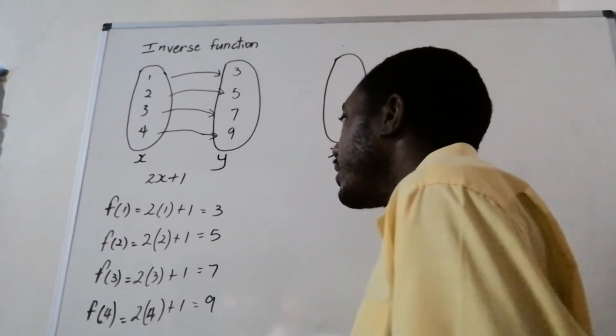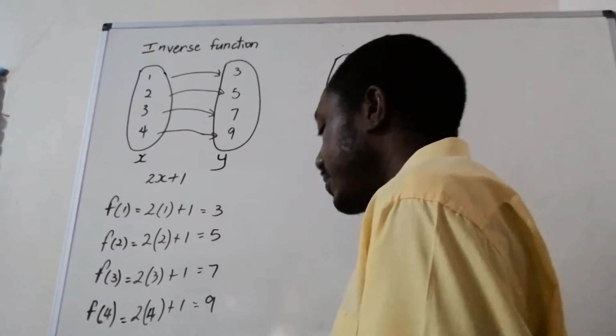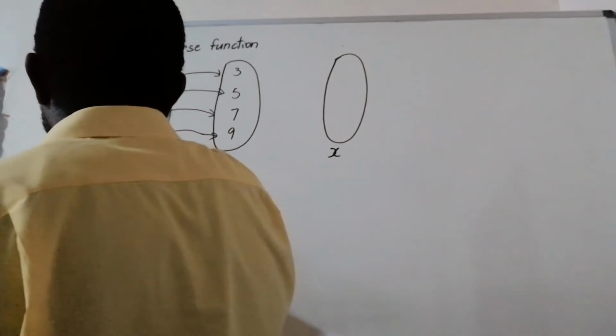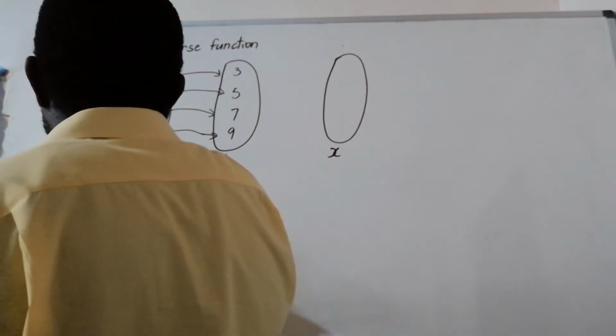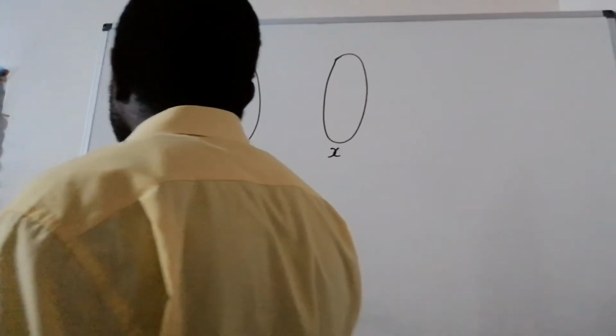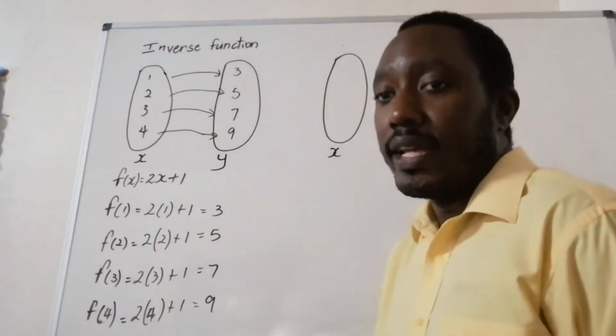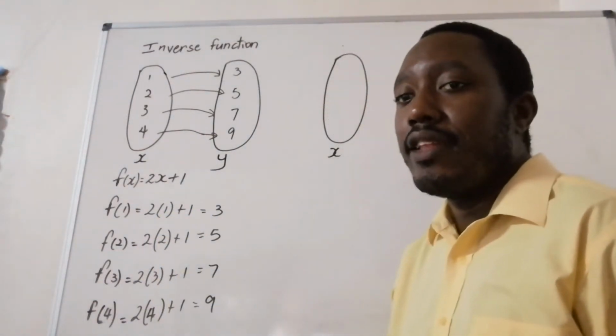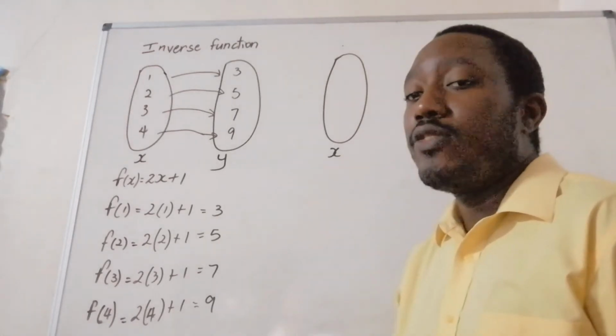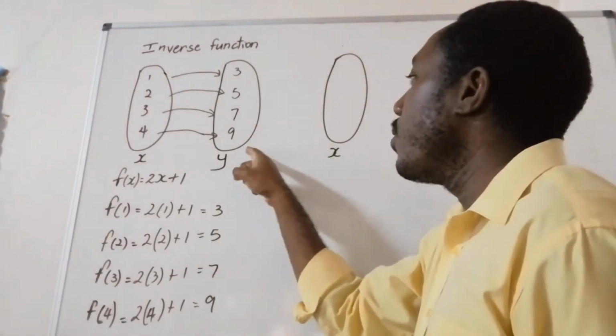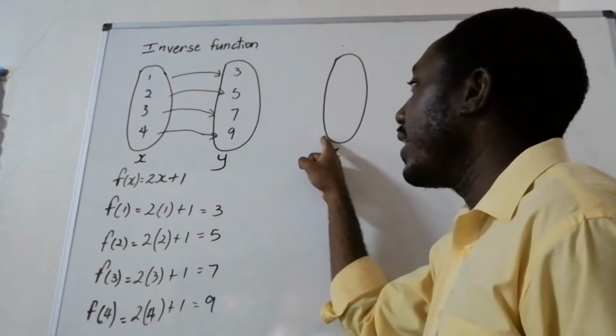So in this function, f of x maps our x values to our y values. Now we want to find the function that is the inverse function. The inverse function maps our y values back to x.